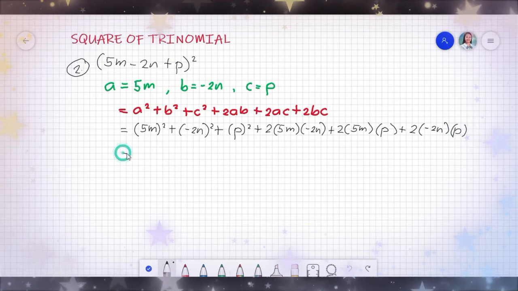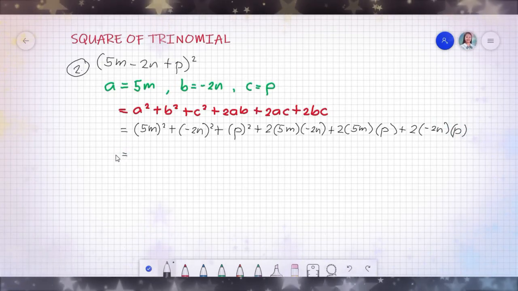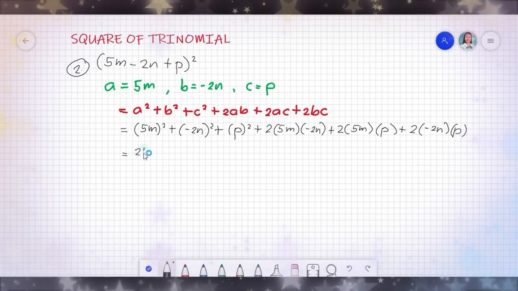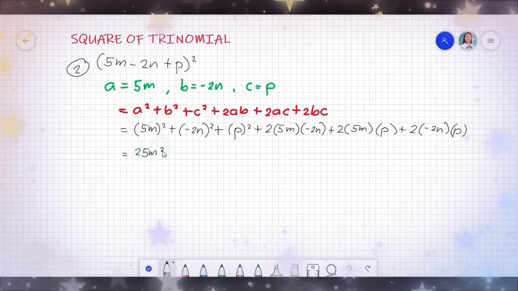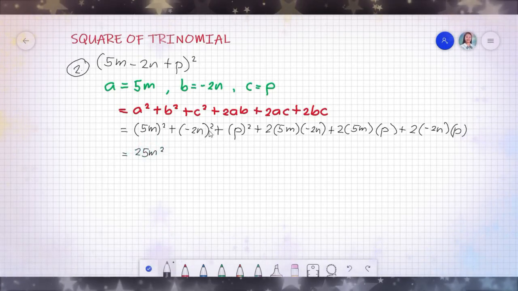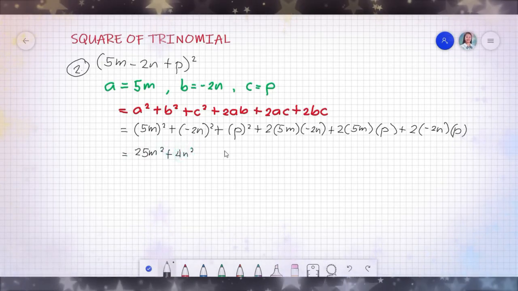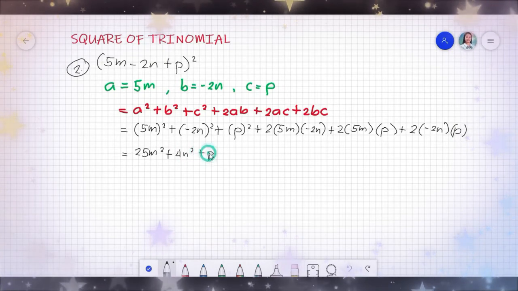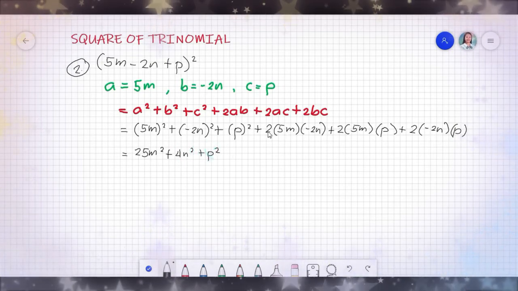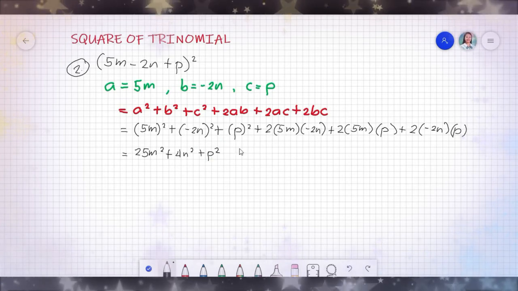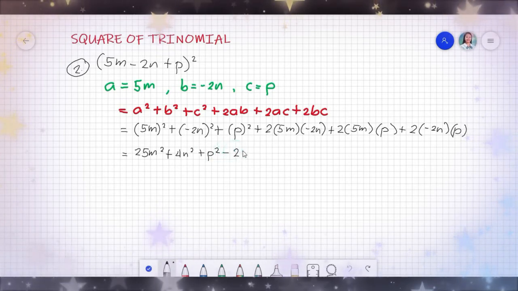And the last step is you're going to simplify. 5m squared, that is 25m squared, negative 2n squared, that is positive 4n squared, plus p squared. 2 times 5, 10, times negative 2, negative 20.